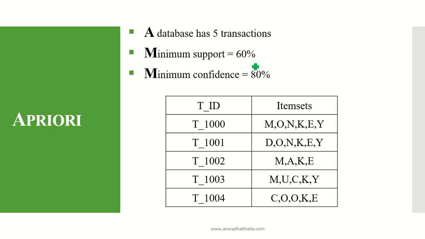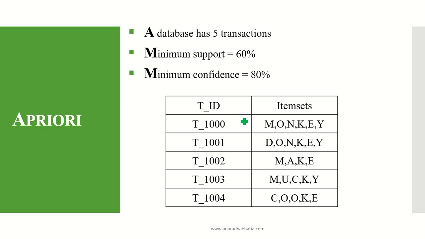As the support is given as 60%, we need to calculate the support value, which is calculated as support divided by support plus confidence, times the number of transactions, and we get the value as 2.14. So any support which has a value less than 2.14 will be rejected as we proceed further with our example.